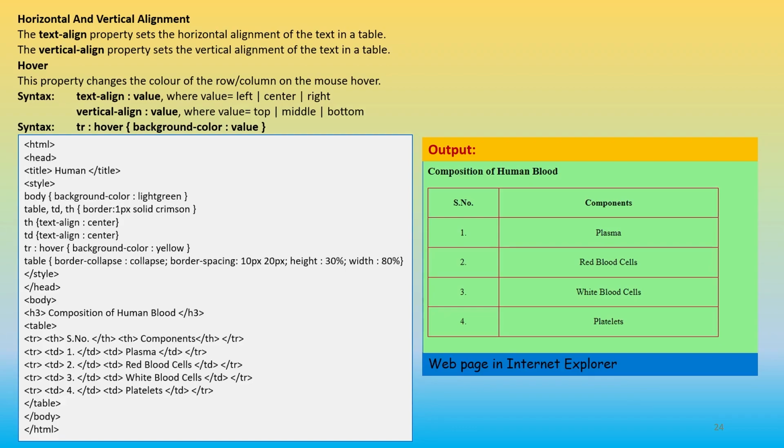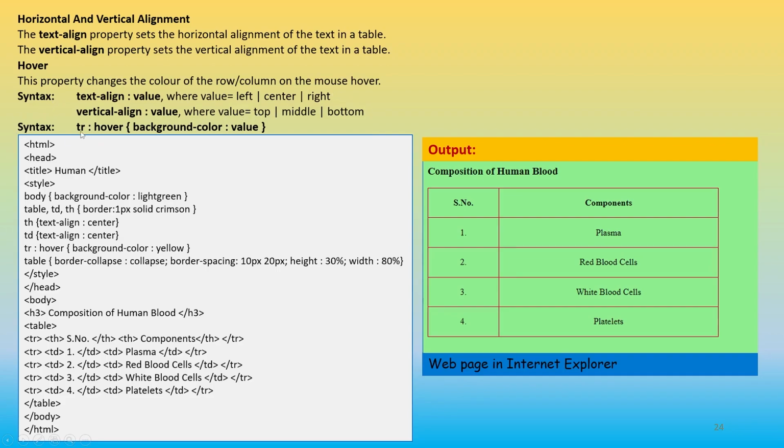The hover property changes the color of the row or column on mouse hover. Hover means when you move your mouse cursor over the text or the page, it will change the color. The syntax of text alignment is text-align colon and value, where the value could be left, center and right. There is no alignment like justified here. The vertical alignment value can be top, middle and bottom.